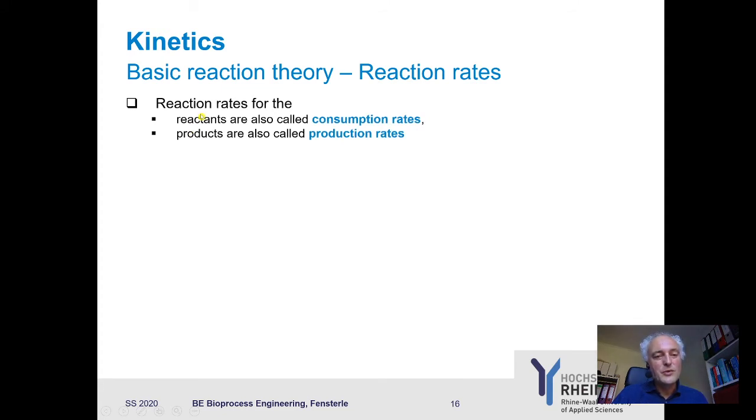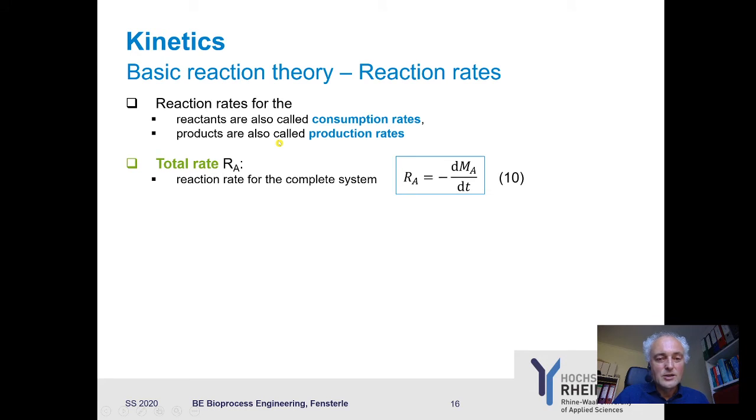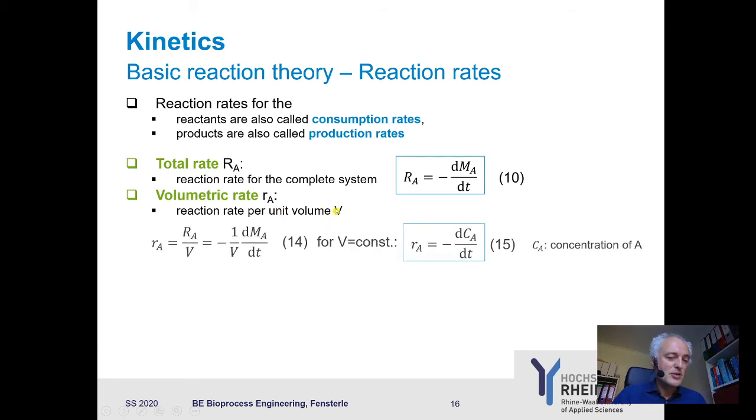And if you look for reaction rates for the reactants, this is also called a consumption rate because they're consumed. And for the products, remember it's an irreversible reaction. These are called production rates. Now, the total rate is the rate for the complete system. That's what we have looked at, the complete masses. But of course, usually you're more interested in the volumetric rate. This is the reaction rate per volume, and then of course you just divide that by the volume.